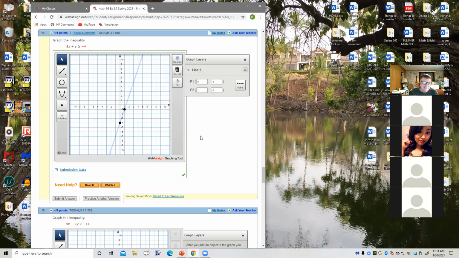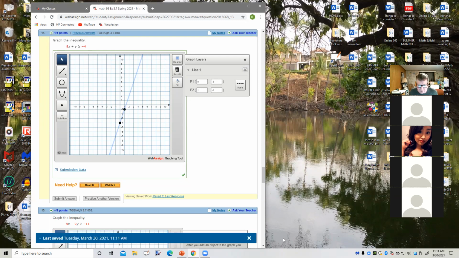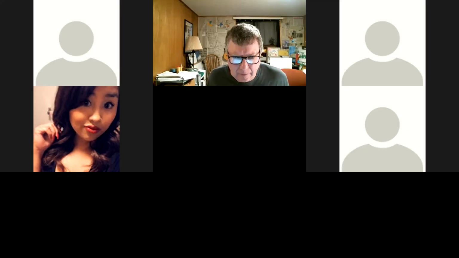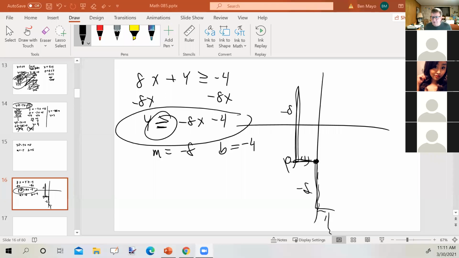Okay, thank you. So the point of all this other method, let me go back to the whiteboard. If you're going to use slope-intercept form, the nice thing is that if your y-intercept is a nice value and your slope doesn't take you off the graph, it's easy to plot and it tells you whether you're above or below the line.